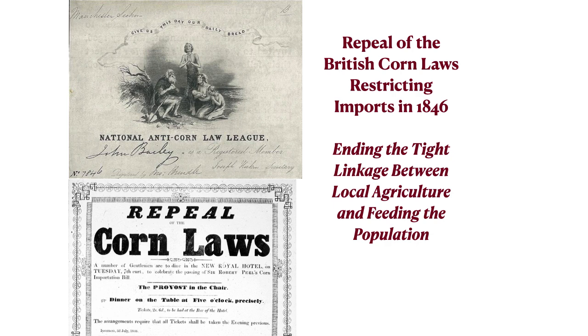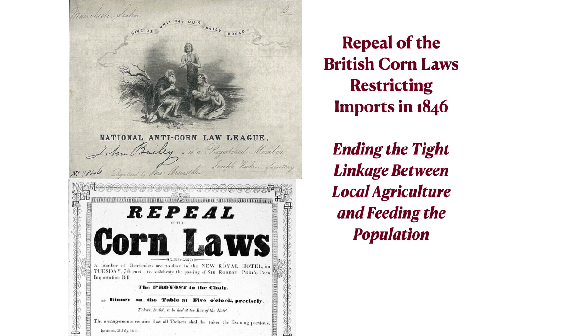This is something that greatly enriched landowners who dominated Parliament at the time, particularly the House of Lords. But the industrialists are gaining power and are pushing against this. They want cheap grain to help them maintain their labor forces on low wages, which they did.